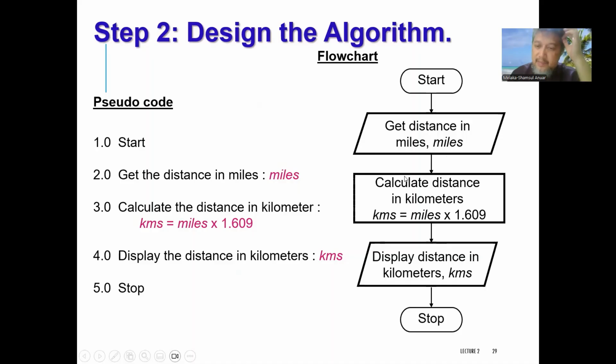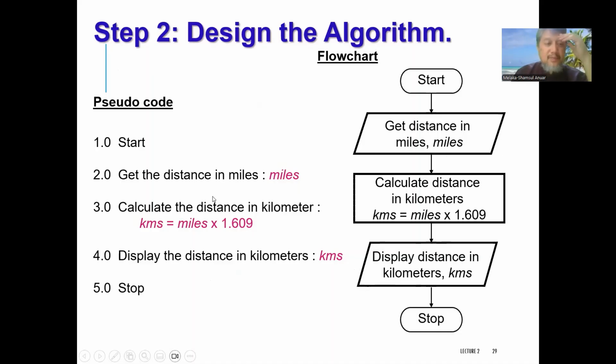This is a process, use a regular rectangle. Then to display it, use another skewed box, kind of like a rhombus, to display or give the output, then stop.